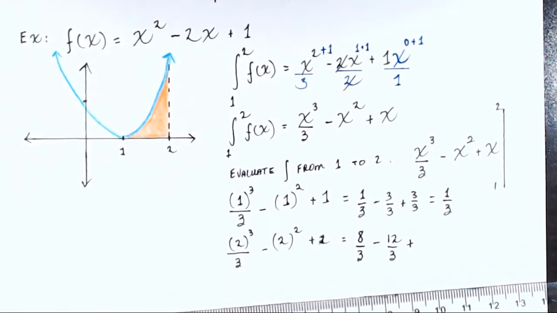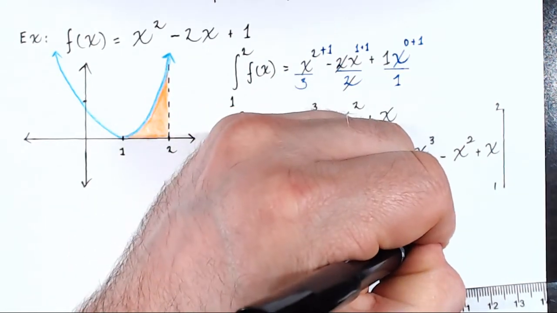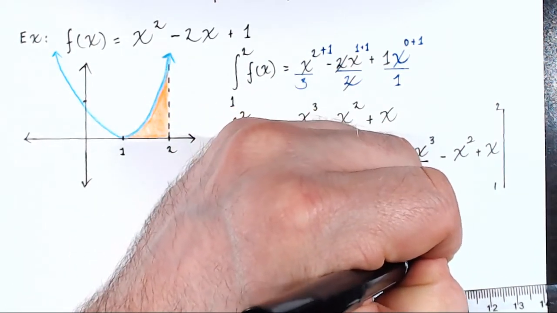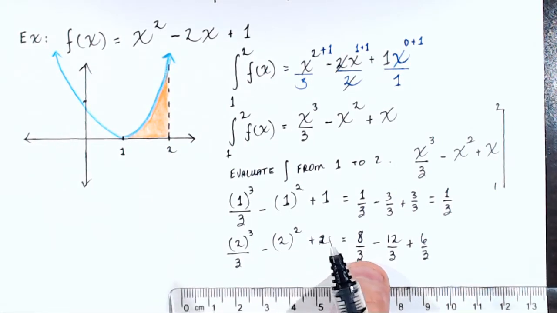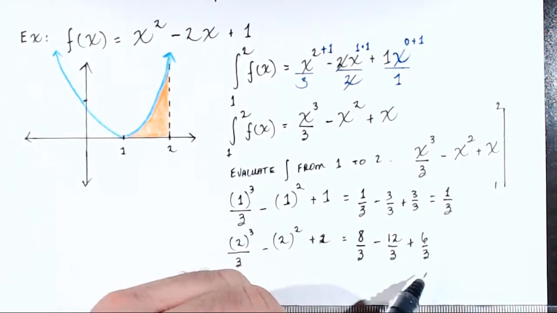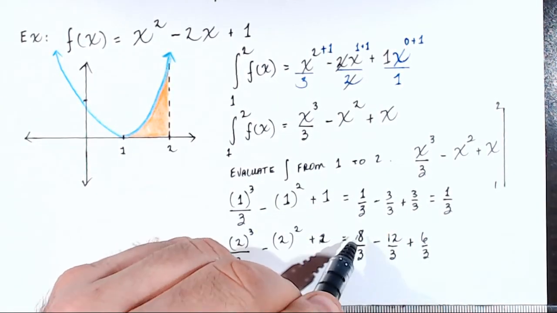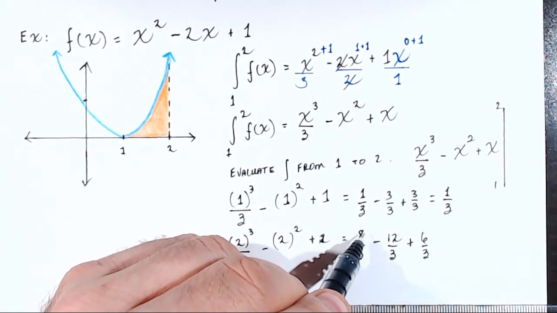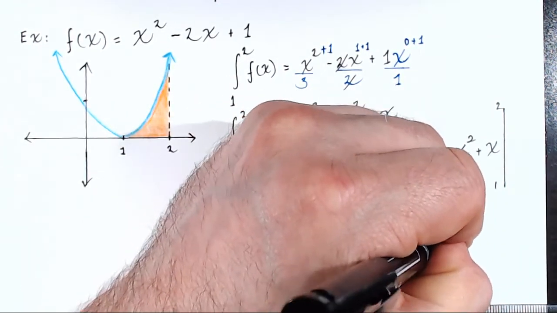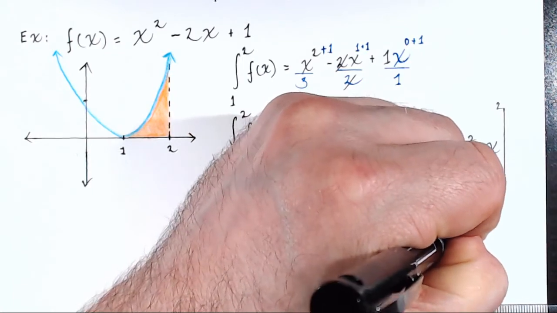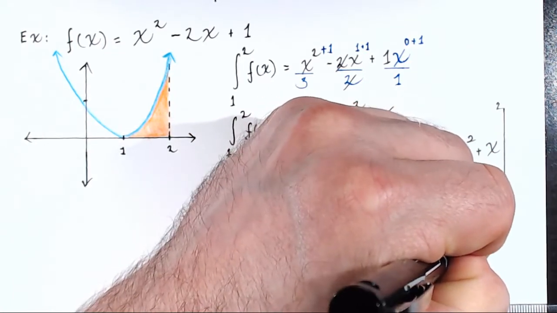Again, I'd like to write 2 in terms of 3. So instead of writing a 2, I'll write 6/3, which is just 2. So this is just 4, and that's just 2. And so now we'll work left to right. Because we have common denominators, I have 8 minus 12, which is negative 4, plus 6, which is positive 2. So this equals positive 2/3.